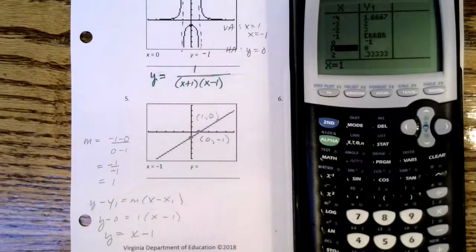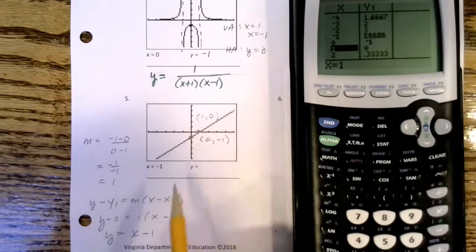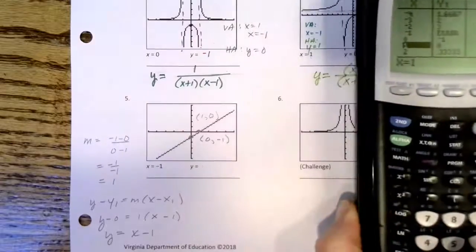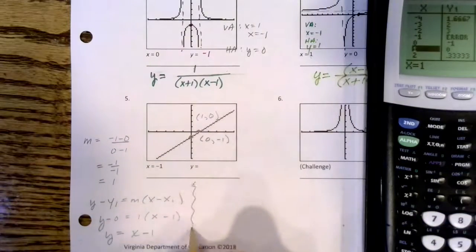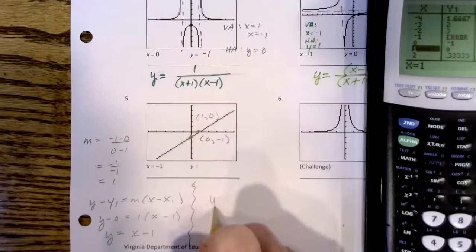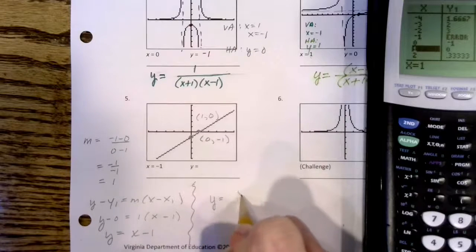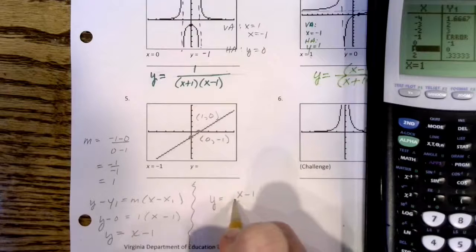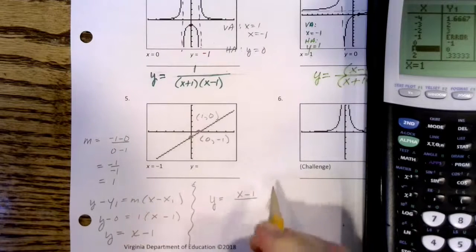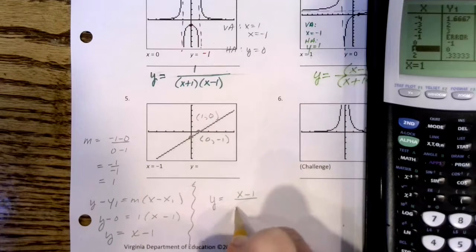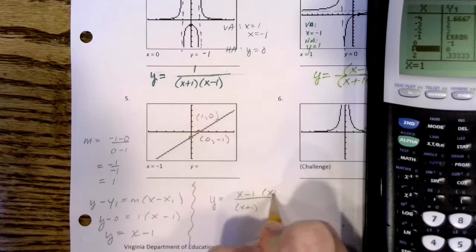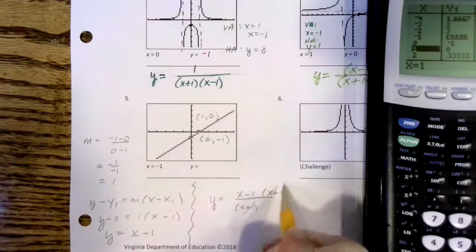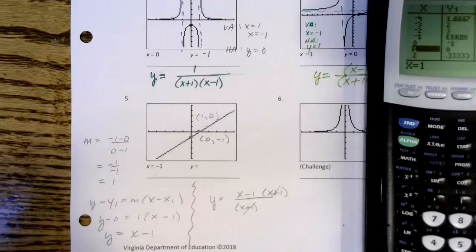But do you remember yesterday when we had some discontinuity and we had some things end up canceling out? Because we're in the rational function unit, I'm wondering if it's one of those ones where I had x minus 1 in my numerator, but what if I had an x plus 1 and an x plus 1 that ended up being a value that canceled out?